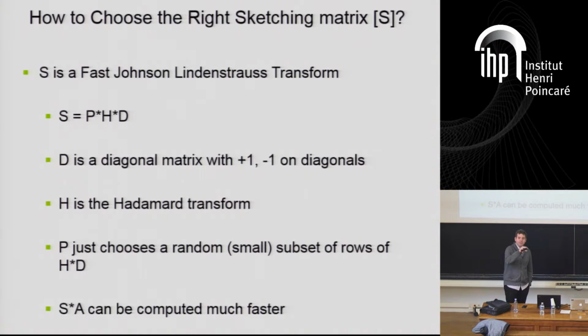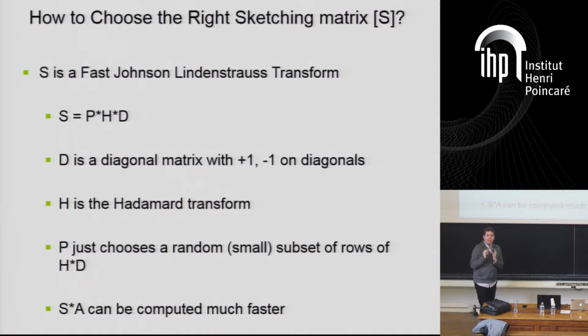Whereas using Gaussians gave nd squared. You can show that if I do this sketch and solve with this matrix S, then I will get a relative error solution. I won't prove that, but roughly the intuition is that a minimal property you need about S is that when you apply it to a vector, you preserve its Euclidean norm. One way of estimating the Euclidean norm of a vector is to sample coordinates, and that's what P is doing.